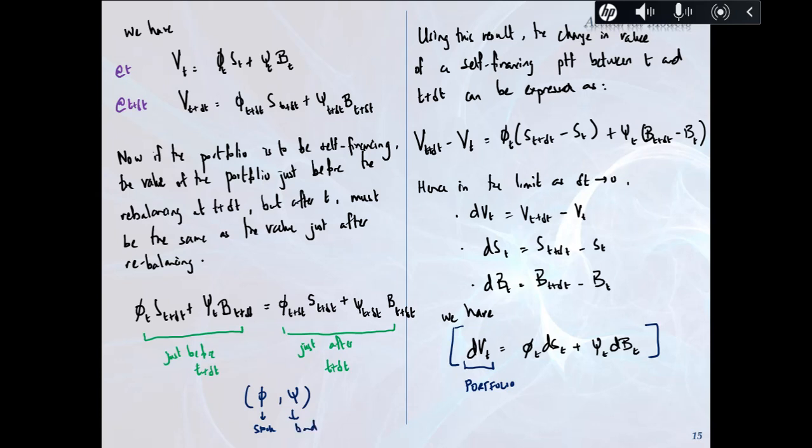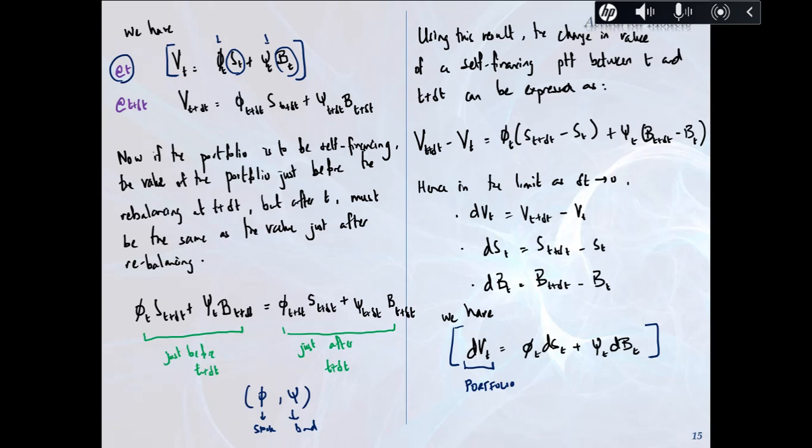Now the price at time t of my portfolio will be phi_t S_t plus psi_t B_t, because S_t is the unit price of stock, B_t the unit price of bond, and phi_t and psi_t are the amounts bought. So at time t, I have this.